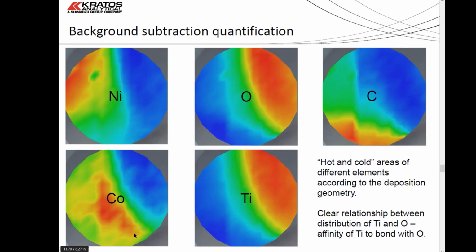You always think the adventitious carbon is the same amount across the surface. Well, there's quite a distribution difference, about 20% across the surface. So maybe that gives you information about how reactive the surface is to picking up that material, or whether contamination is coming in during the deposition process as well.